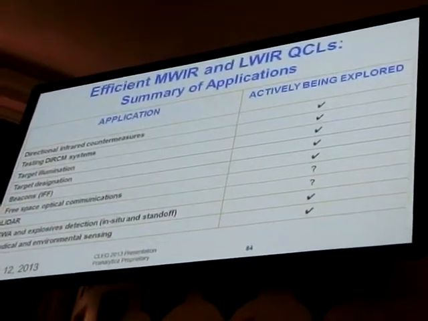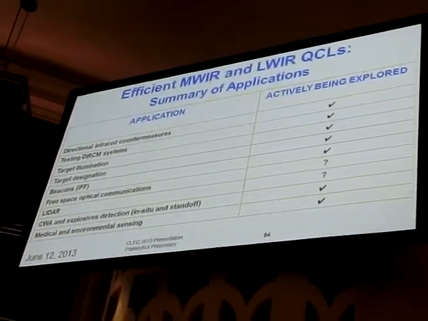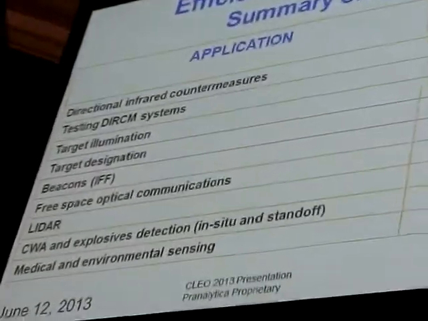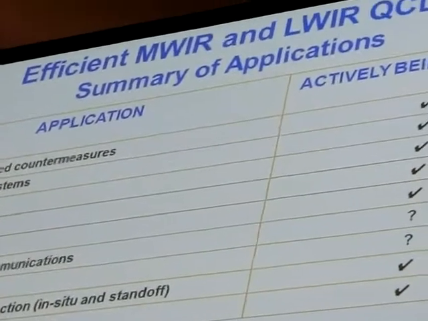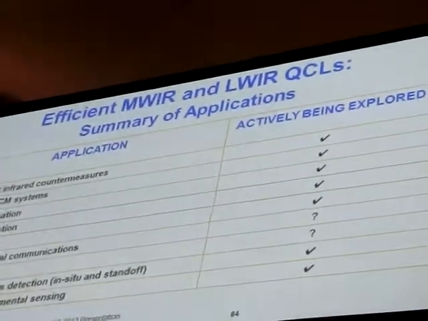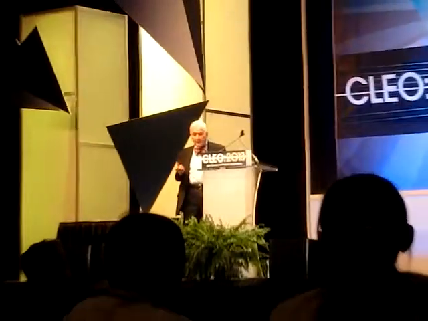So, I'm coming to the end of my presentation. I've given you where we stand in terms of performance, and all the different applications where quantum cascade lasers have become important and are being very rapidly deployed: directional infrared countermeasures, testing IRCM systems, target illumination, target designation, beacons, chemical warfare agent and explosive detection, and medical and environmental testing, which I didn't say much about.